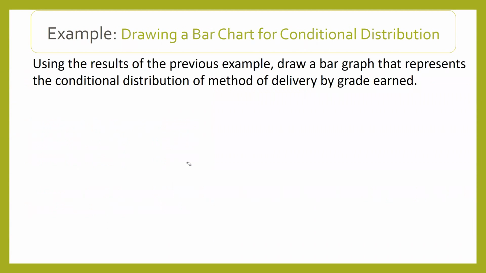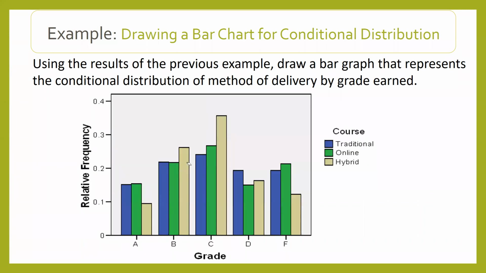All right, so when we now want to draw a bar chart, because a bar chart will give us a very good view of what is going on. Of course, for the conditional distribution, because we are considering method of delivery, that will be the distinct colors that we are going to have.